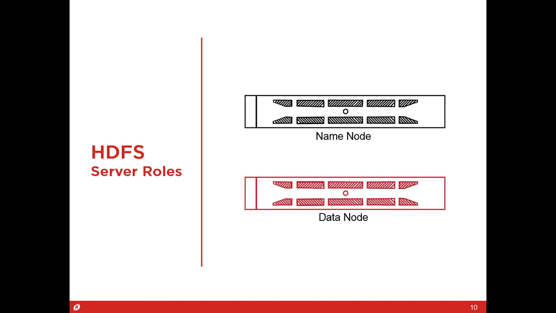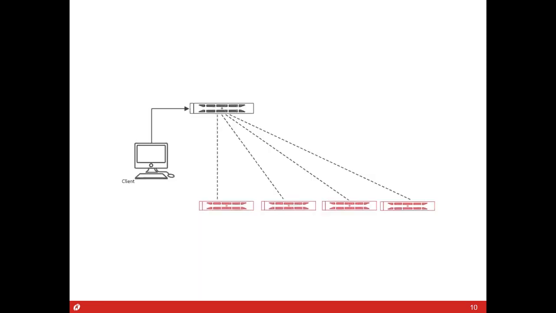And this metadata service is known as the name node service. Now, the name node service should, best practice, exist on a separate machine, and in itself is at the center of HDFS and performs all control and monitoring functions.